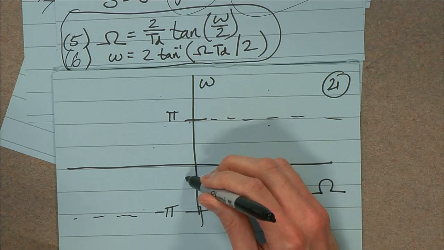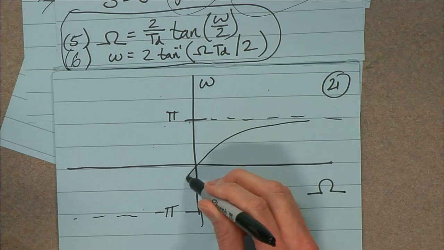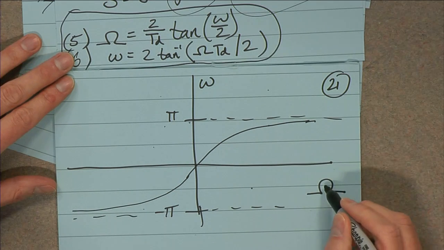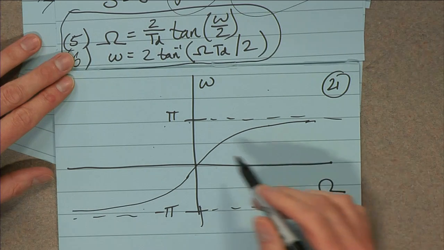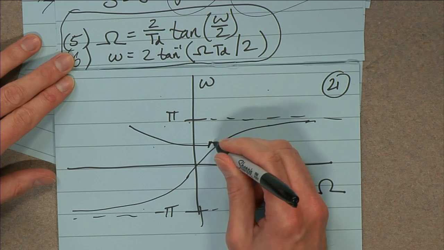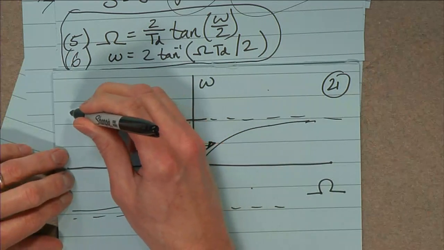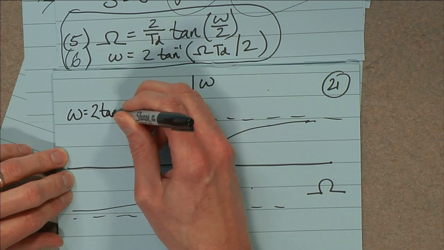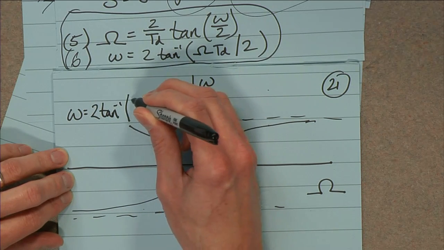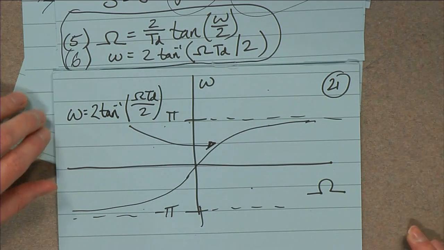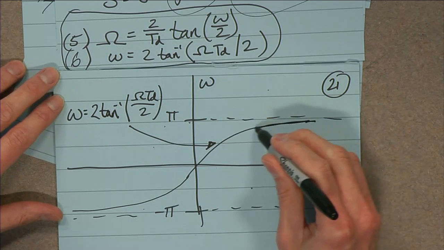So what's happening is we're mapping all of omega, minus infinity to infinity, between pi and minus pi, using little omega is 2 arctangent omega TD over 2. That's this curve here.